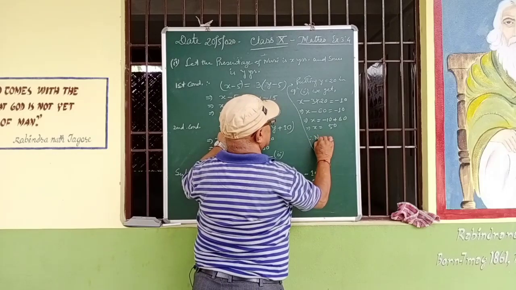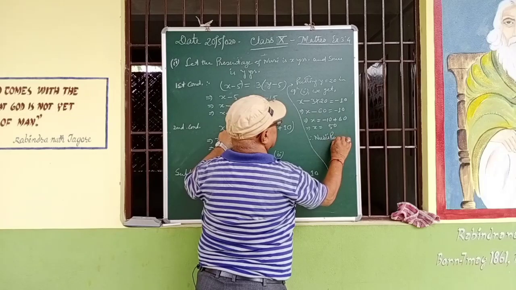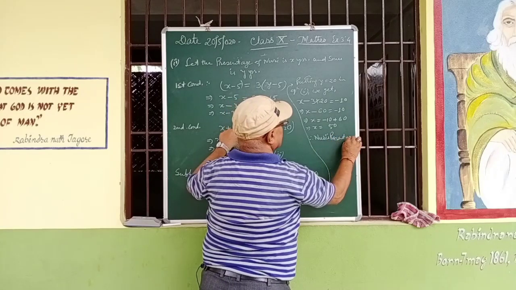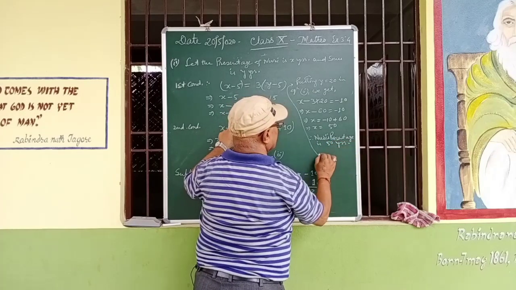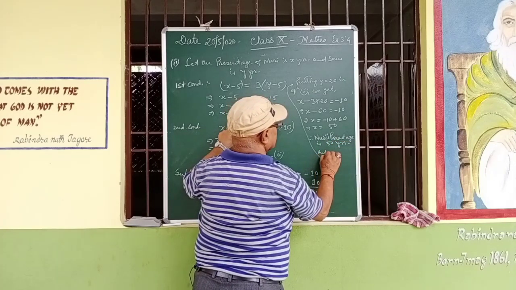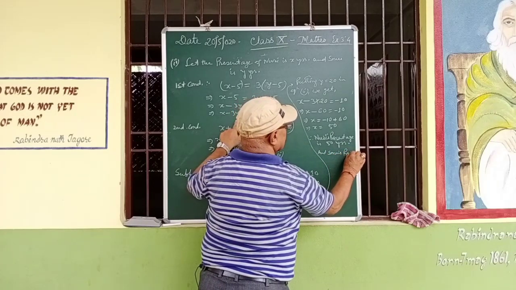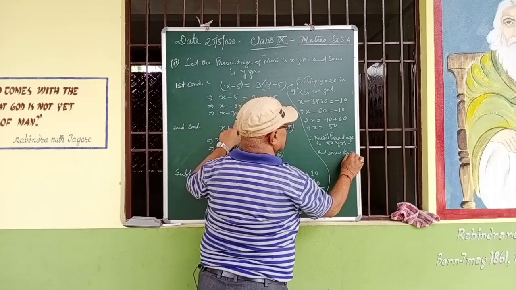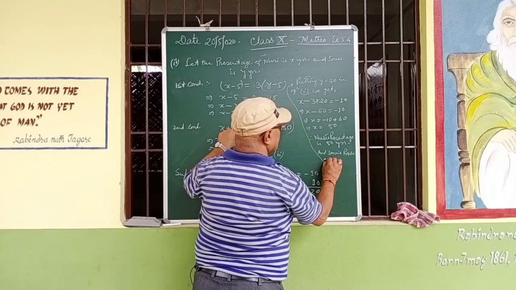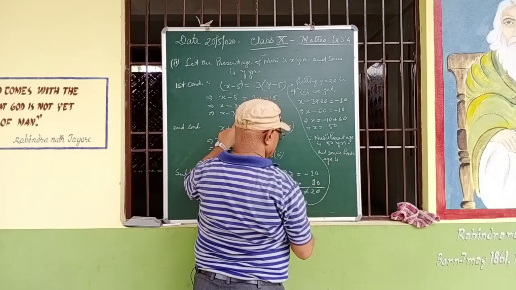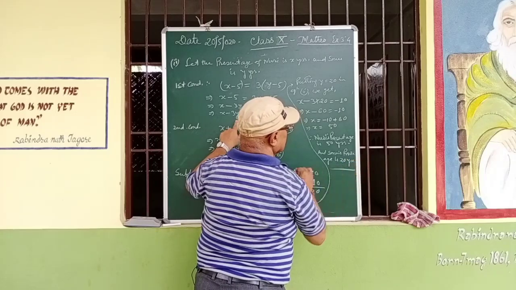Therefore, Nuzi's present age is 50 years and Sonu's present age is y equal to 20, so 20 years. This is the solution.